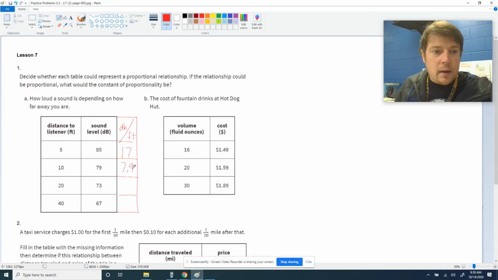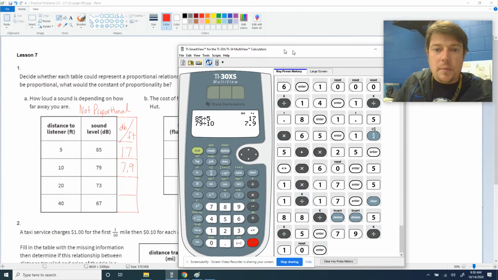We do not have a match, so we would say this one is not proportional. Now, if all of those quotients would have come out the same number, then we would know that it is proportional. And sometimes you can look at it and get an idea, but other times you have to just go through and check. This time I'm going to take the money and divide by the ounces and see if I get the same ratio each time that I do it.